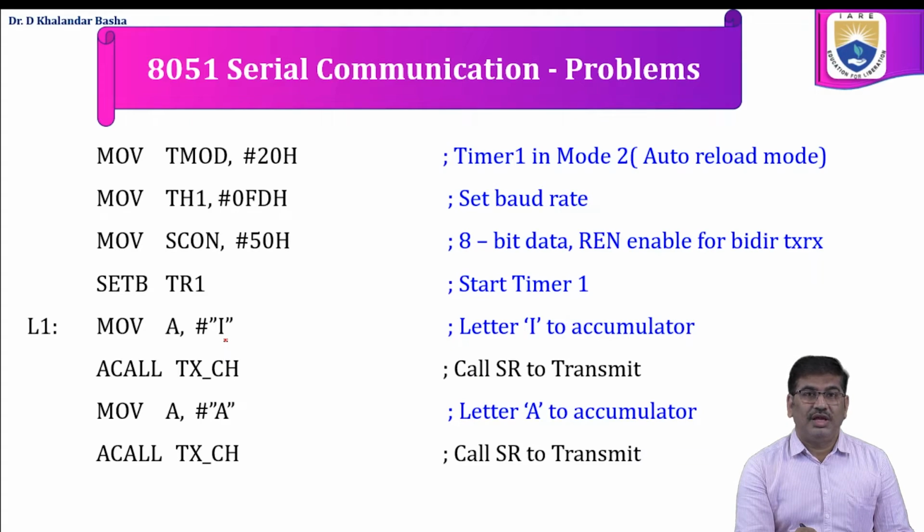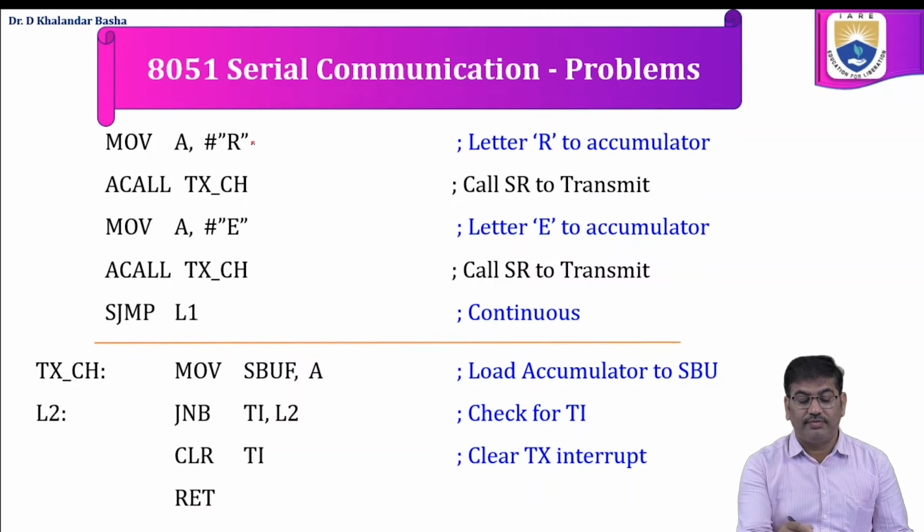Then we move the I value into the accumulator and call the subroutine. After executing the subroutine, the second character, A, is loaded into the accumulator, then we call the subroutine. The next data we want to transmit is R, and the next one is E. Once all the characters of IARE are transmitted, if you want repetition, use SJMP L1.